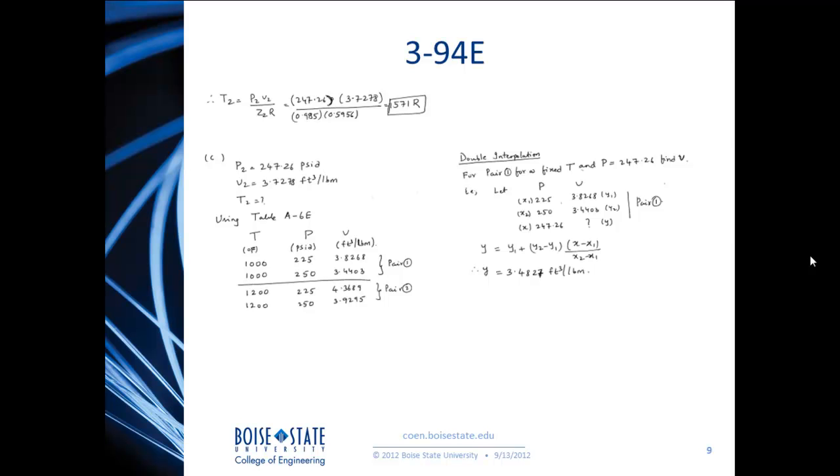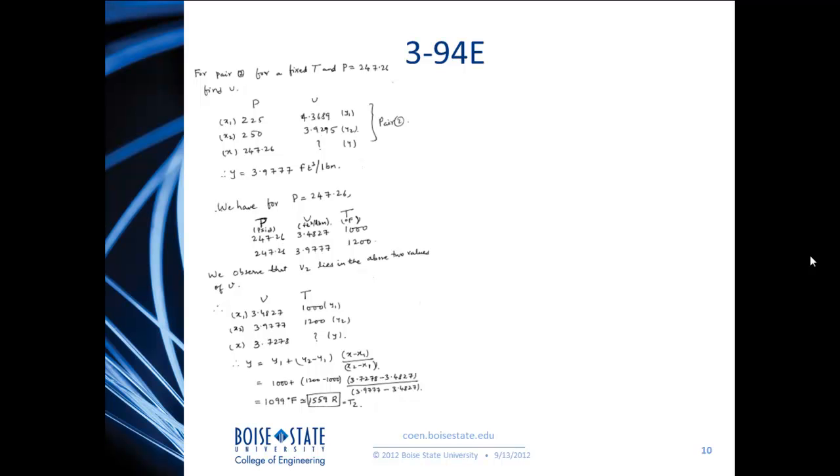So now the way we do the double interpolation is, for pair 1, we have a fixed T and we have a pressure which is 247.26. Now let's try to find what would be the specific volume for the pressure which is 247.26. The way we can do this is by simple linear interpolation, and the formula is shown there, and you would end up with a specific volume which is 3.4827 cubic feet per pound mass.